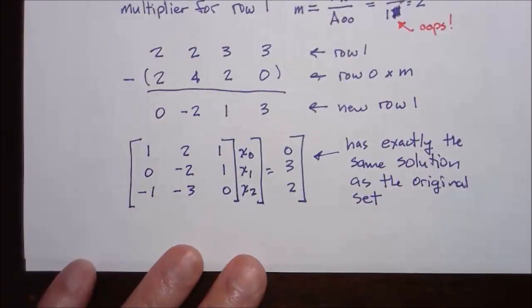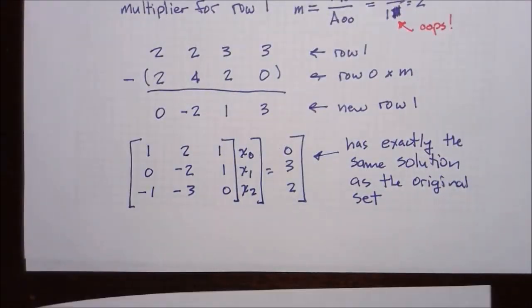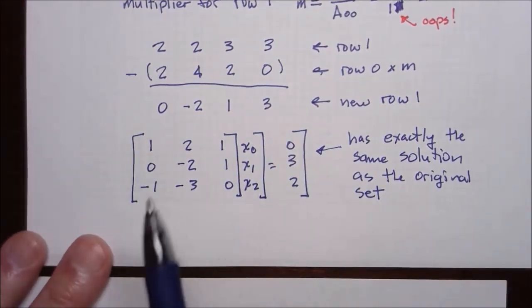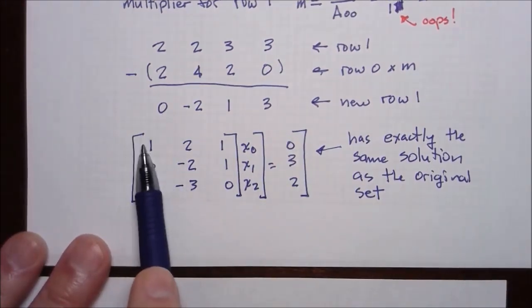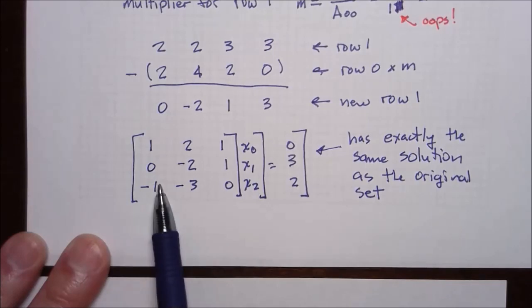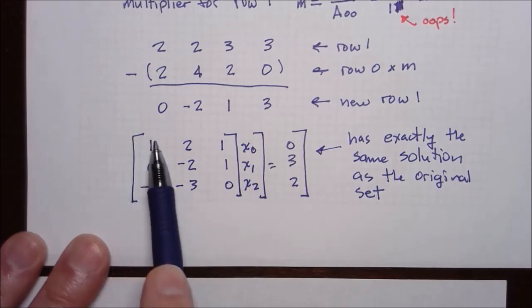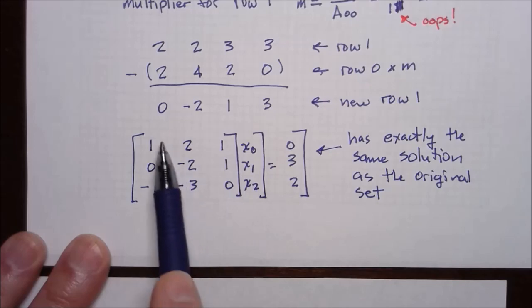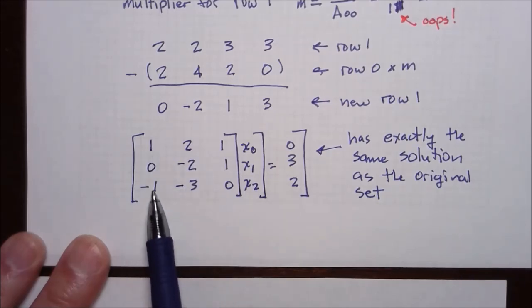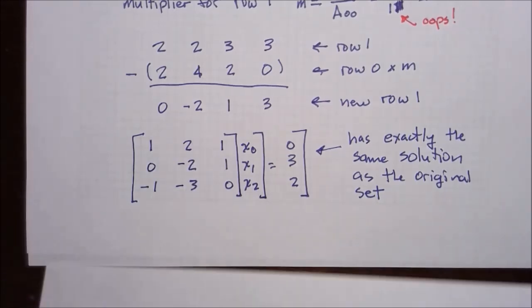So now the next step is to work on this entry in row 2, column 0. We make that into a 0, and we do that again by multiplying row 0 by a constant and subtracting that result from row 2. Now I need to develop a new multiplier.